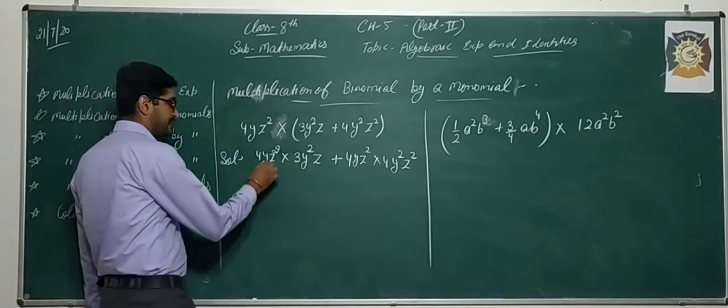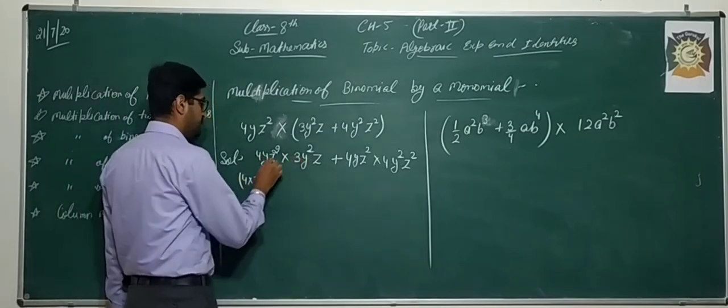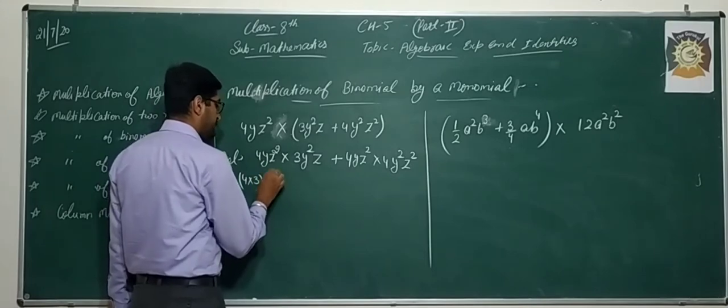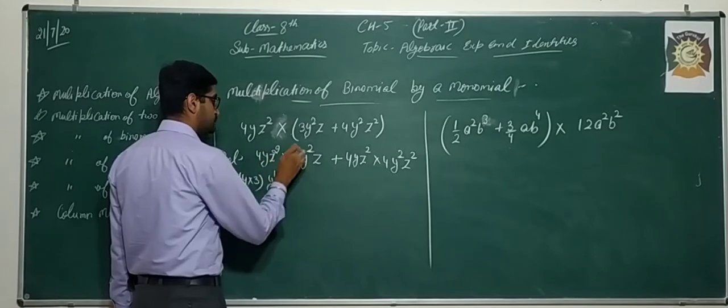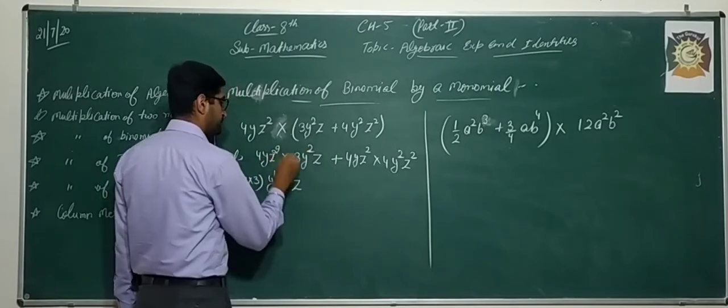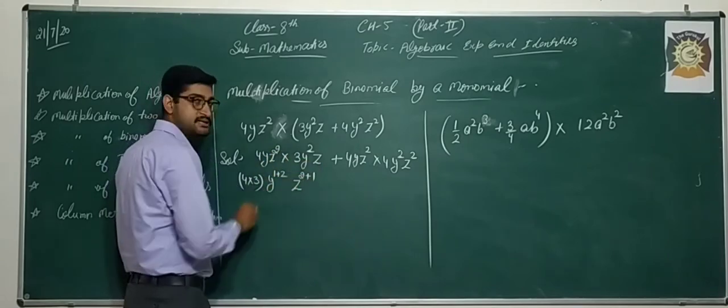Okay, so now how do we multiply this? We will write it as 4 into 3. After that, y. When we multiply these two terms, this will be y power 1 plus 2 and z power 2 plus 1. Here this power is 2 and this power is 1.